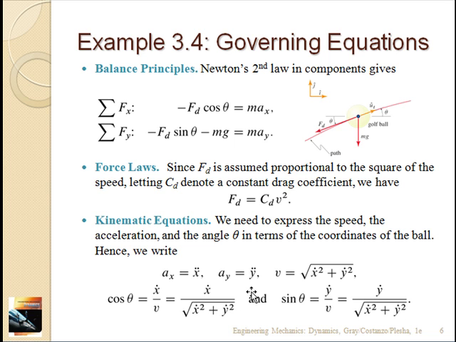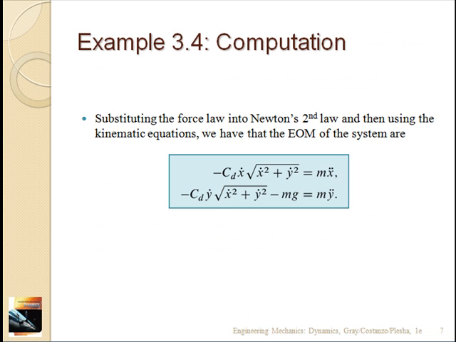So this lets us take these equations, and instead of having them in terms of theta, having them in terms of x dot and y dot. So we do those substitutions, and we get these two equations of motion. m x double dot can be written as minus CD times x dot times the speed, and y double dot looks similar.